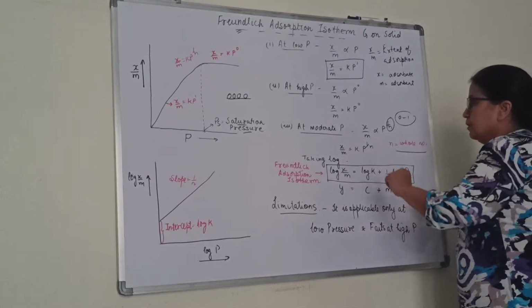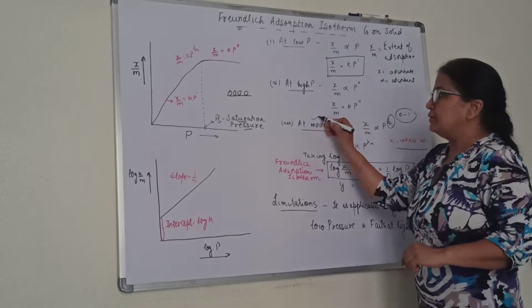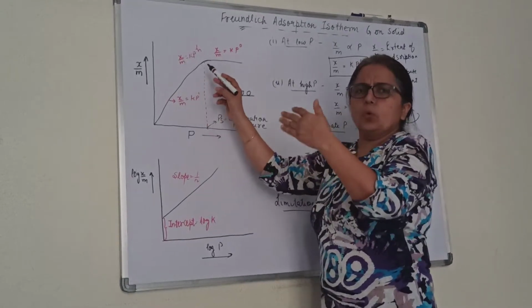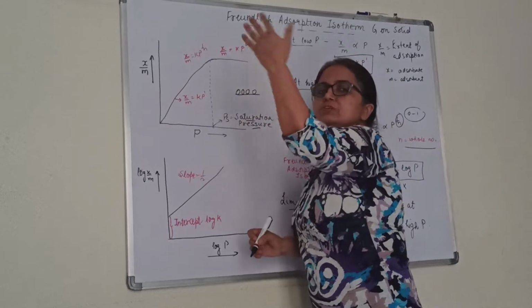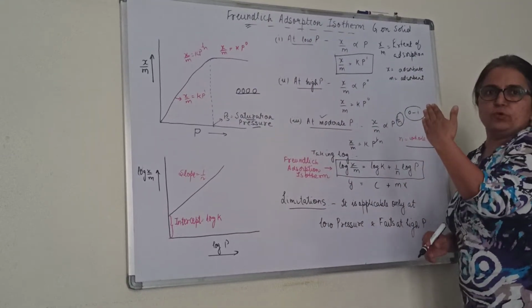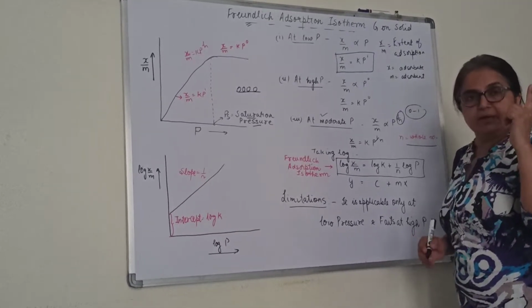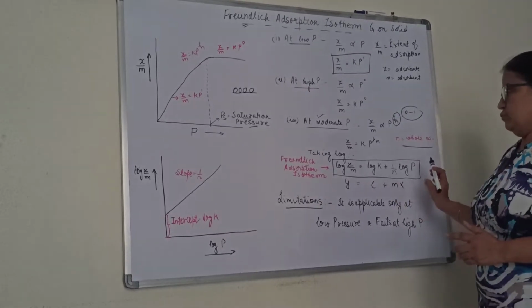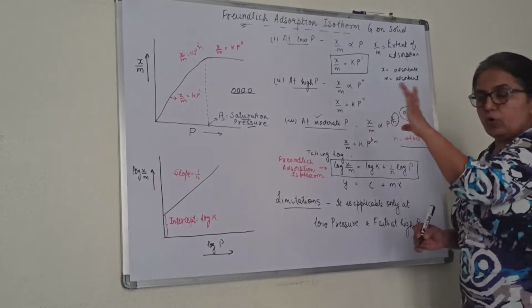At moderate pressure this was comparatively a straight line. It is increasing, so we can say with increase in pressure x by m was increasing. So increasing means obviously the line will have a positive slope. It will not be a negative slope like we studied in chemical kinetics. It is having a positive slope because x by m and pressure are directly proportional at moderate pressure.